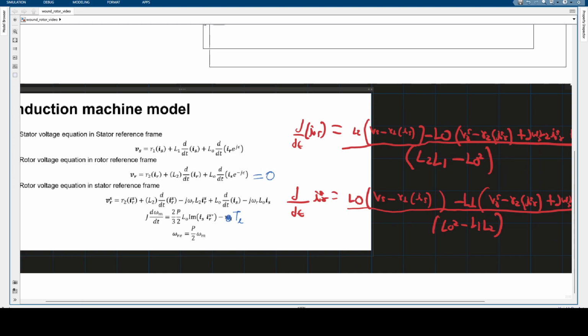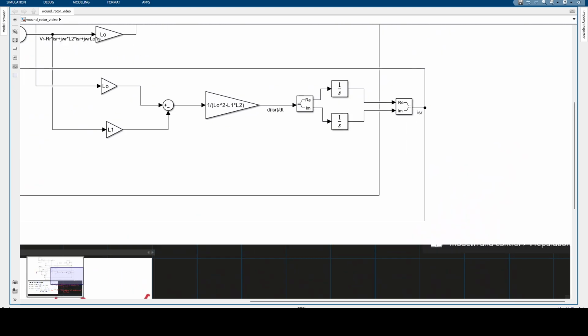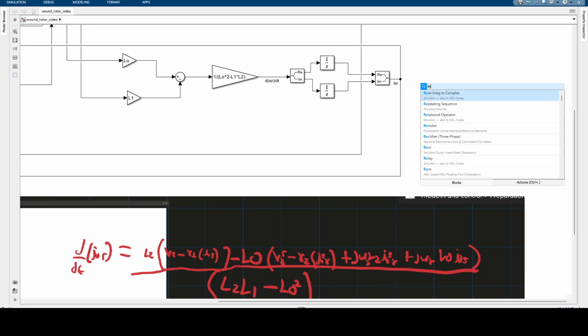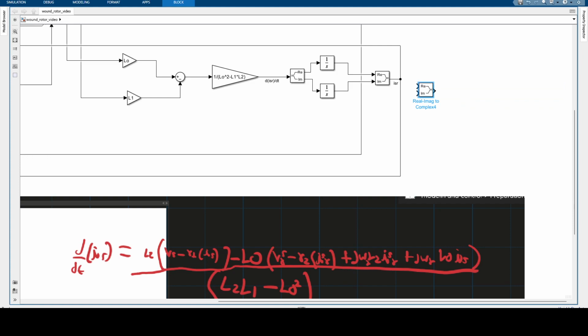So first, let's get this ISR conjugate. Here we have ISR. So we know that this is the imaginary part of ISR. So we just have here this, another block.